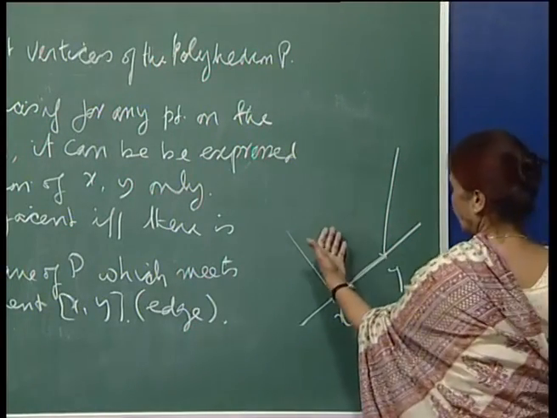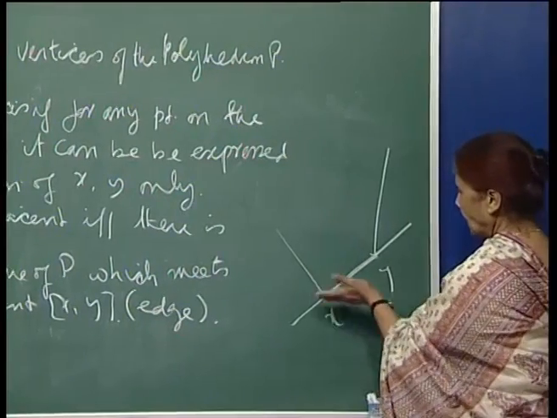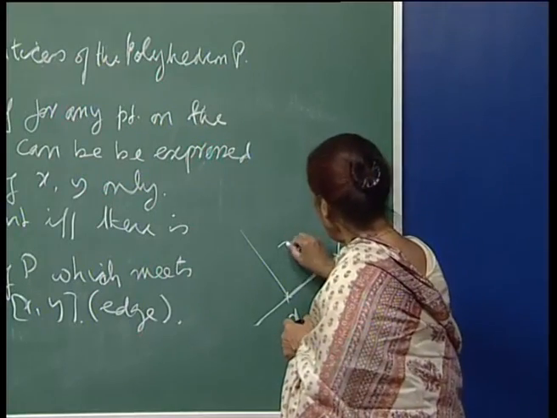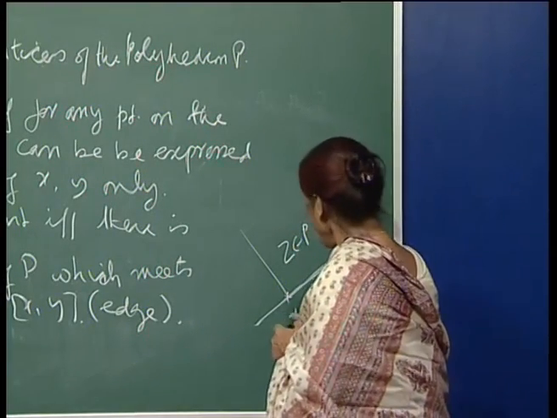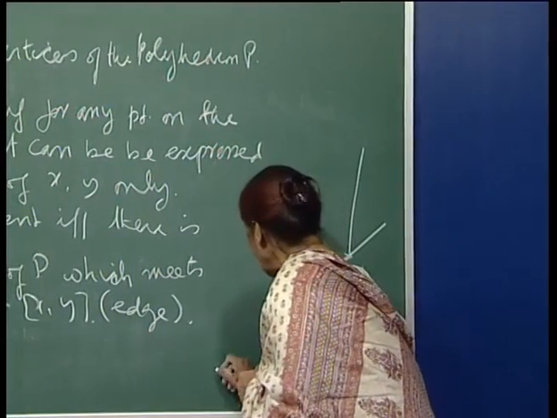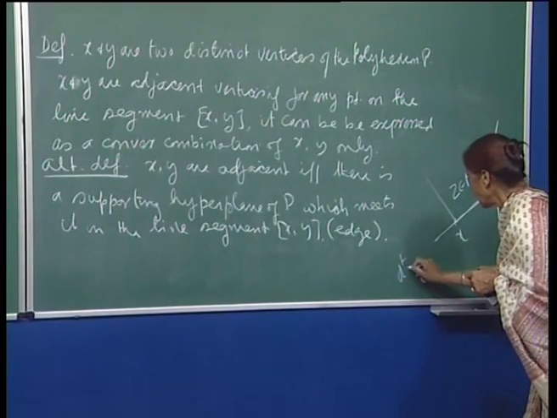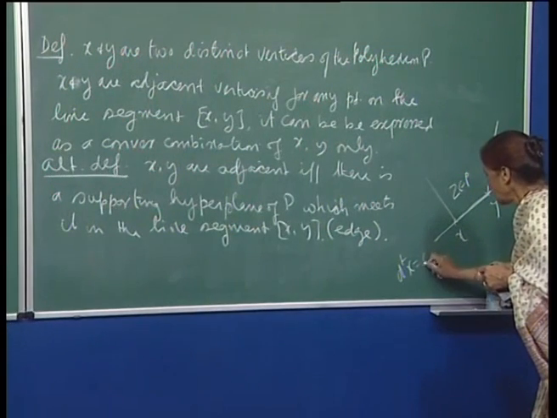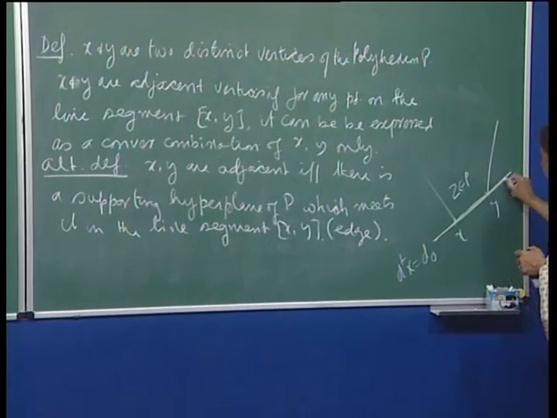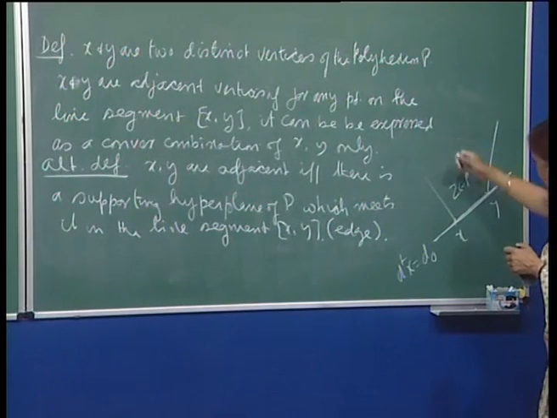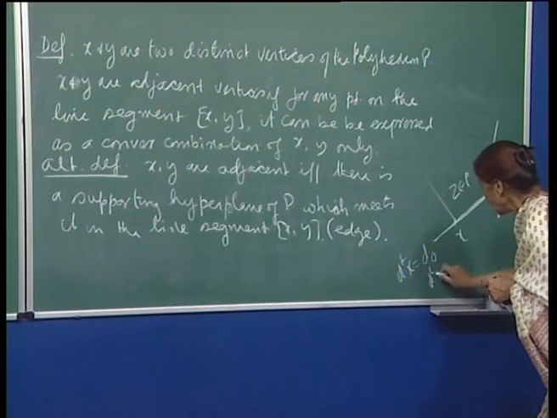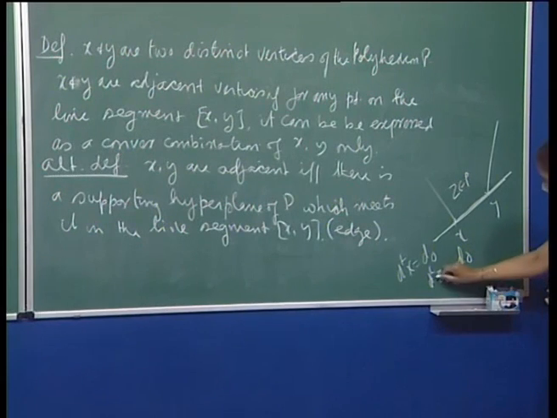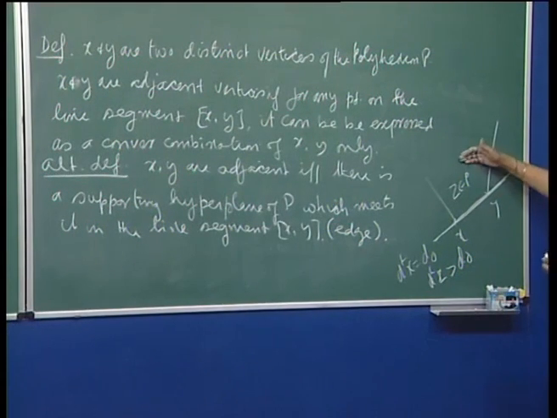Now, all other points of the polyhedron lie on the other side, that means, if you take any z belonging to P, and the supporting hyperplane is something like, let us say, d transpose x equal to some d naught. So, this is the hyperplane. Now for z, which is on the other side of this, d transpose z will be greater than d naught, let's say, or less. Let me just take it to be this thing, right? This is the idea, because it's on the other side.